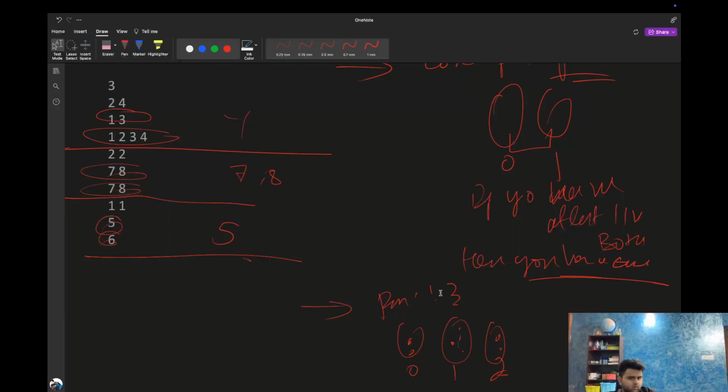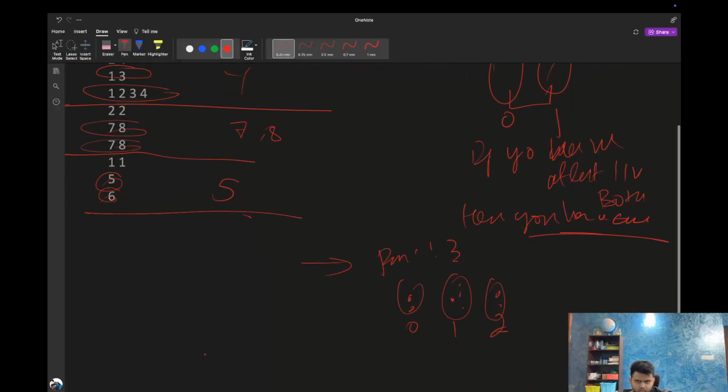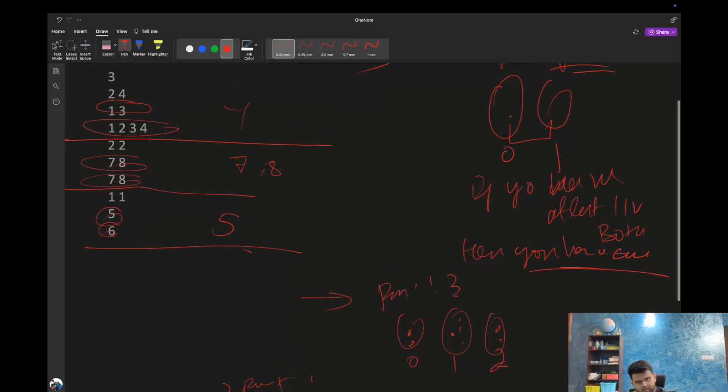Then parity mod 4. So if it's past this, then all odd or all even.